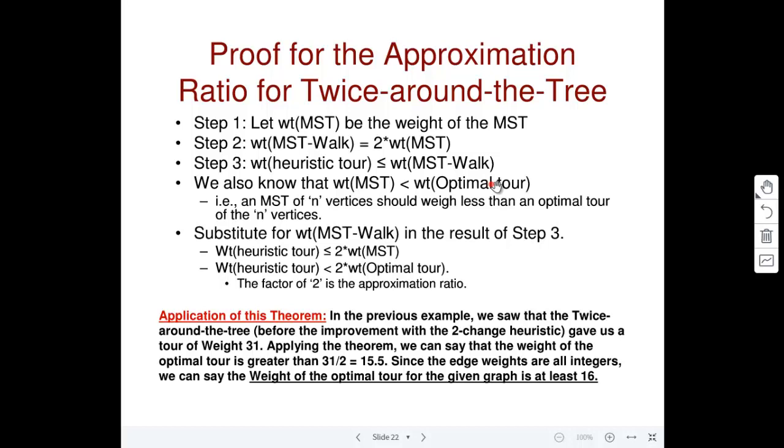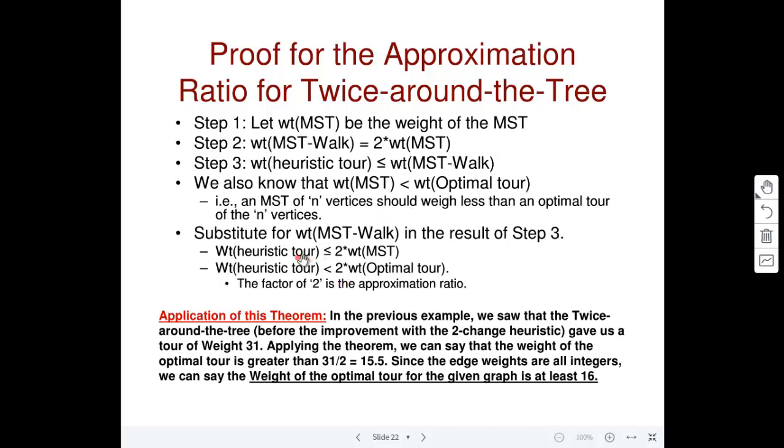So both have minimum weight, but since this is a tree, it's going to have only n minus 1 edges, and since this is a tour, it's going to have n edges. So a minimum spanning tree of n minus 1 edges is always going to have a lower weight than a minimum weight tour of n edges. So that's why we have this less than.